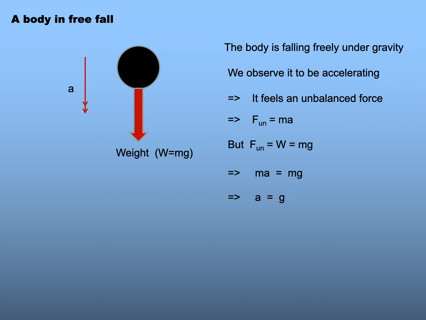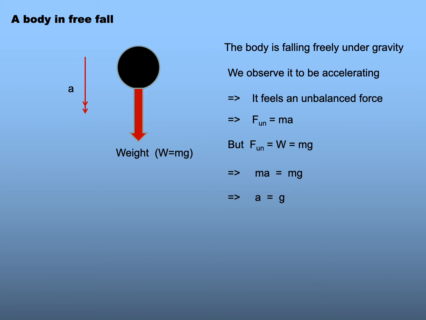And we end up with a equals g. Now what does that mean? It means that the acceleration of this body is equal to g, the gravitational acceleration, 9.8 m s^-2. But notice the mass of the body, m, has cancelled out of the equation.